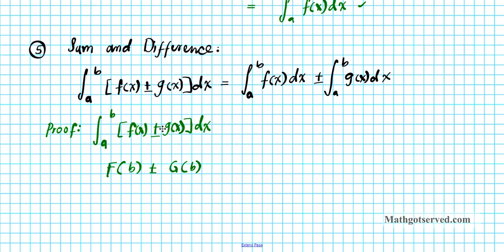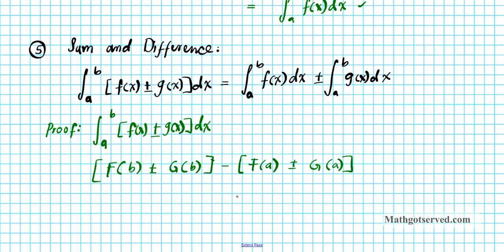So what we do is you find the antiderivative and plug in the upper limit first. So this entire thing minus the antiderivative of f evaluated at a plus or minus the antiderivative of g evaluated at a. Okay?